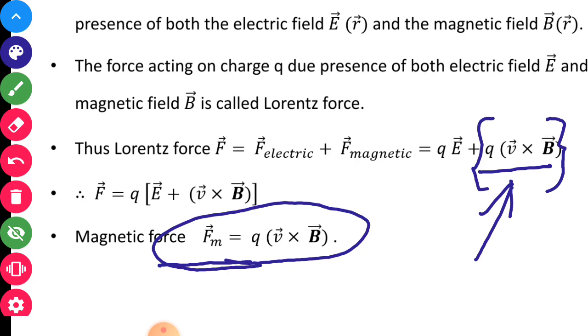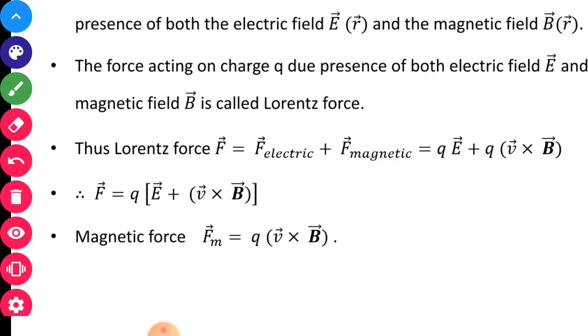It is defined in this way. The definition of the magnetic force is obtained this way. Okay, there is no such derivation of this equation just now. We have to take this equation as it is. Okay, so magnetic force is given by Q V cross B.